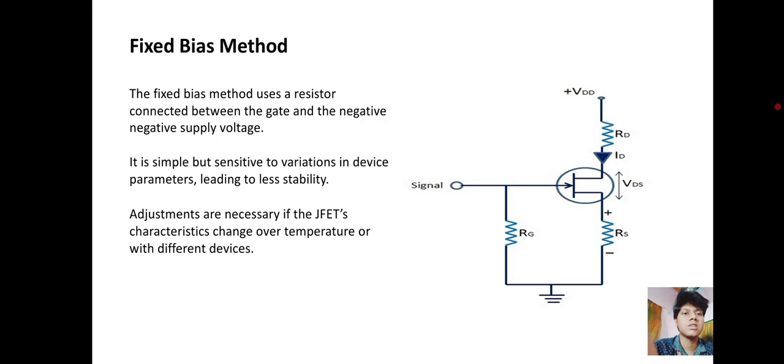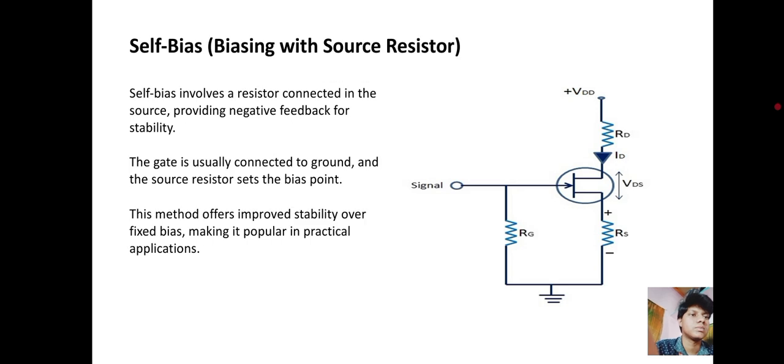Adjustments are necessary if the JFET's characteristics change over temperature or with different devices. In the fixed biasing method, the difference between ID and RS is VDS.